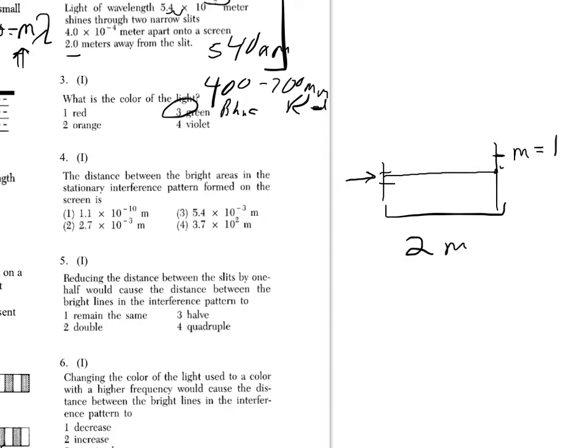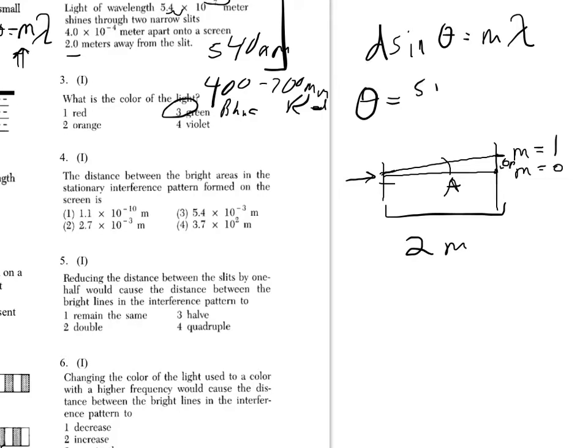So now if I find the angle between m equals 0 and m equals 1, then I can just use some trig to go from my adjacent side to my opposite side. To find that angle, I'll just use d sine theta equals m lambda, solve for theta, which if you solve it out would be theta equals the inverse sine of m lambda over d.